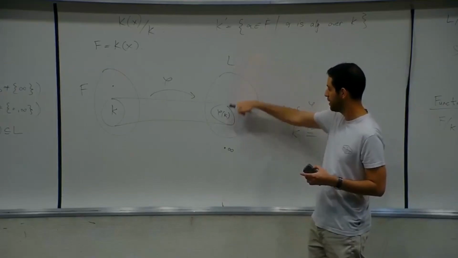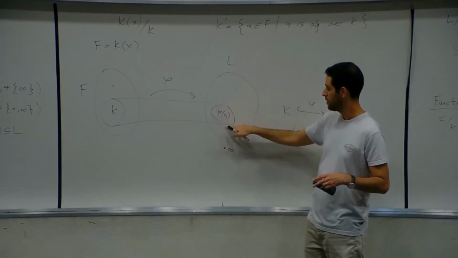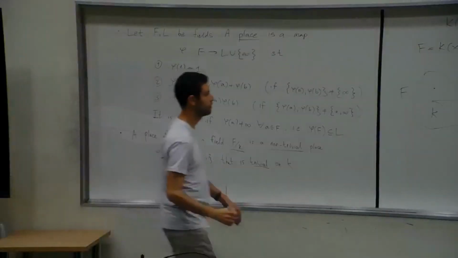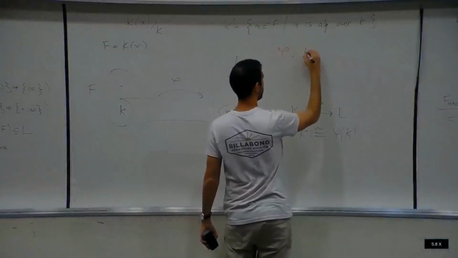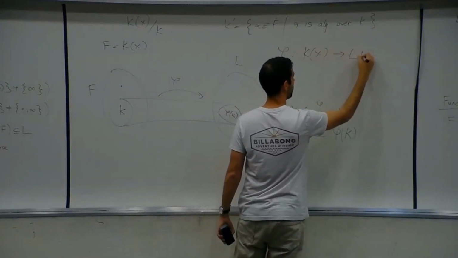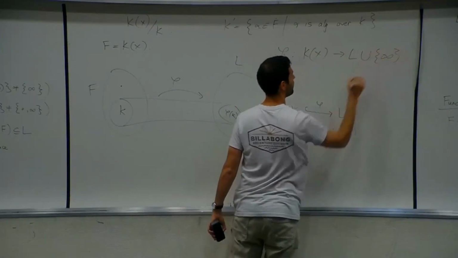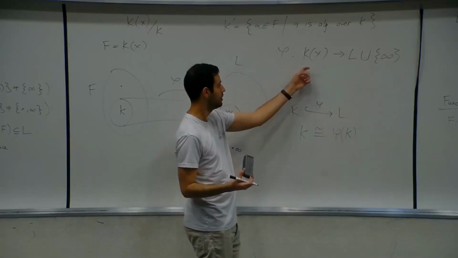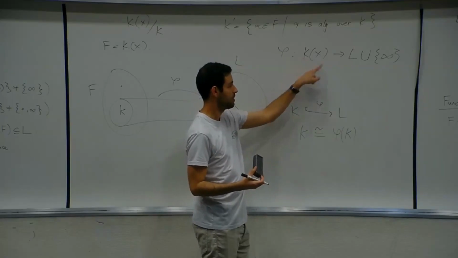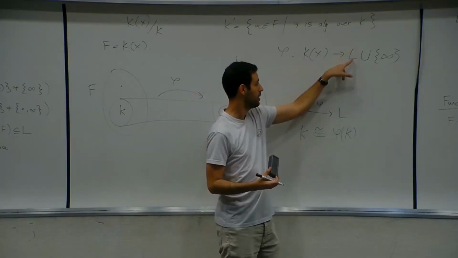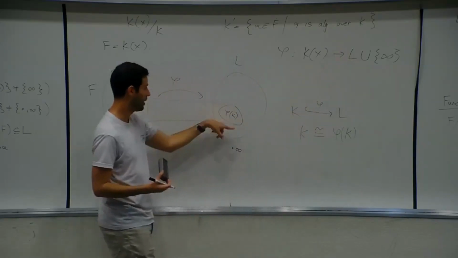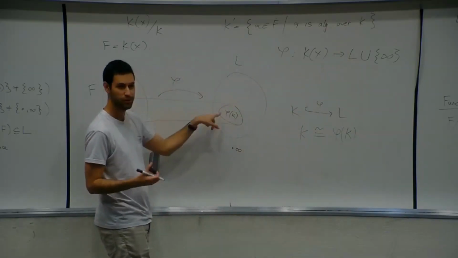And L in particular, think of K as a subfield of L. So we are looking for places of the function field, phi from K(x) to L in this set. And we can assume without loss of generality that every element in K is mapped to itself, and L is a field extension of K. It contains a copy of K, which we think of as K.